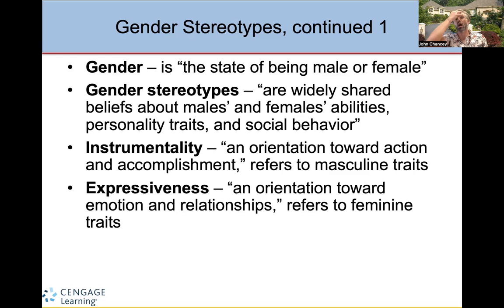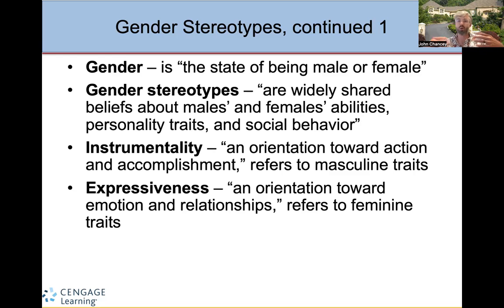of gender now. Stereotypes, obviously, are shortcuts in the way we think. These are beliefs about gender in terms of what it means to be male and female, what certain abilities or personality traits or social behavior we ascribe to being, quote unquote, male or female. And typically when we think about male traits versus female, we describe males along the lines of instrumentality.